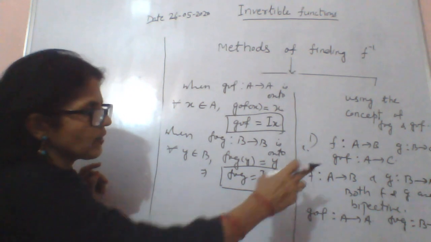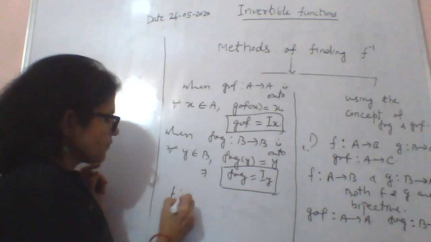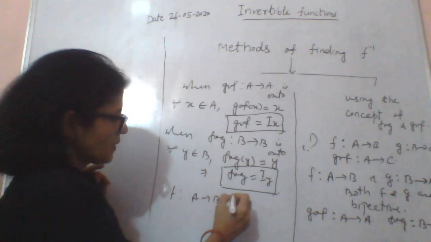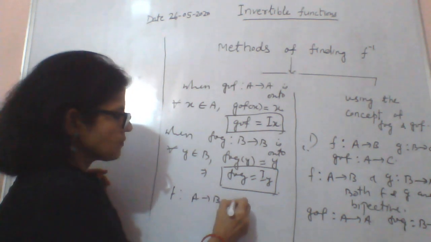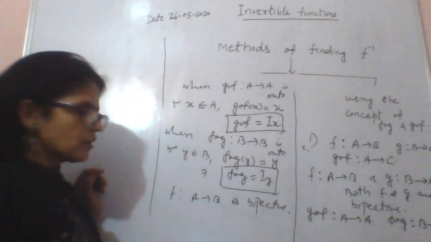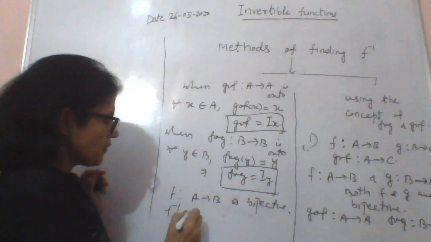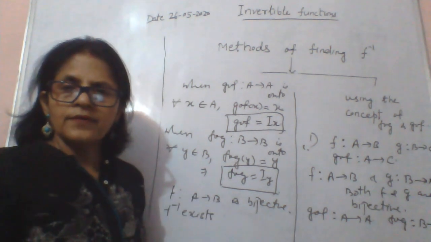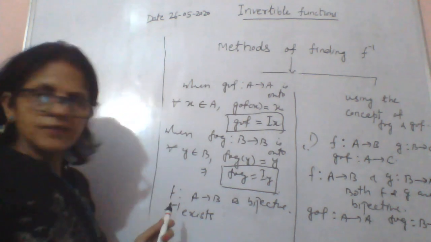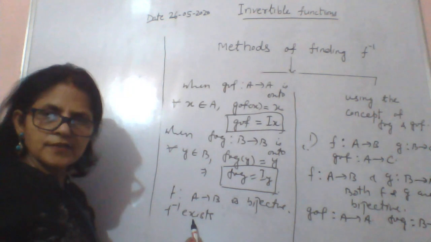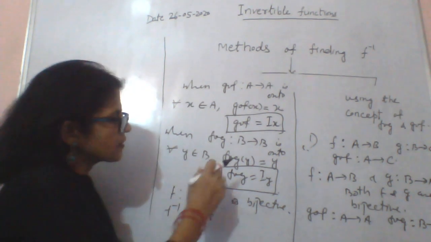Right? And what we have taken here, f is a function from A to B, is bijective. So it means f inverse exists.